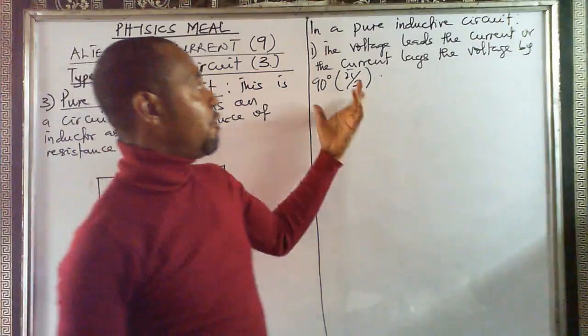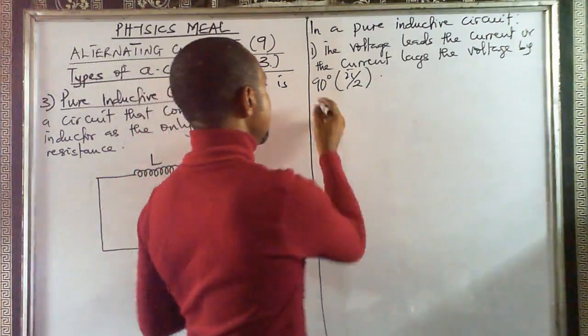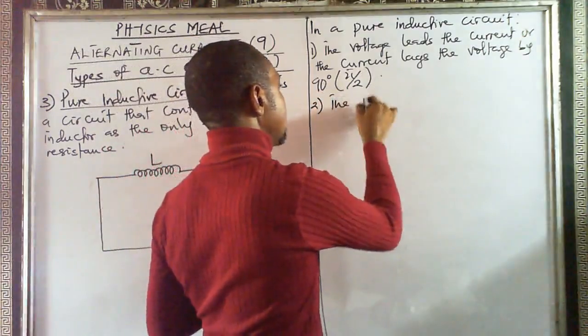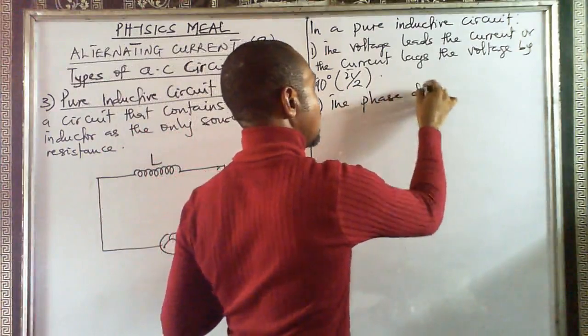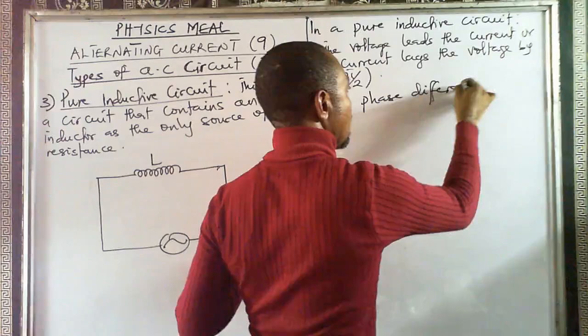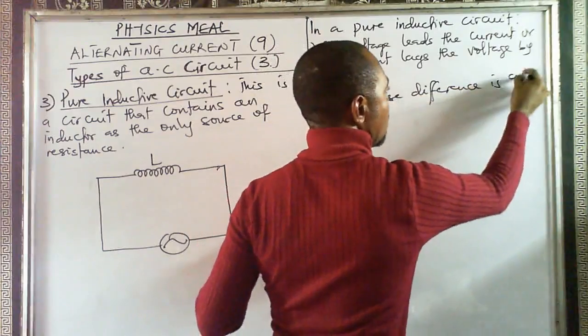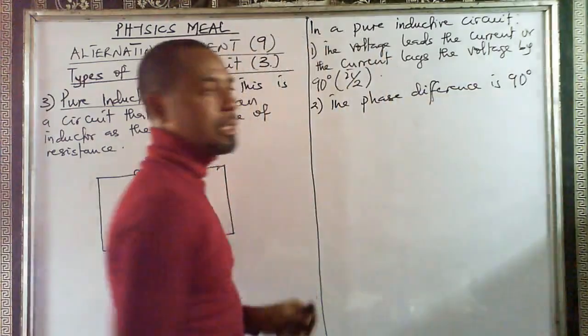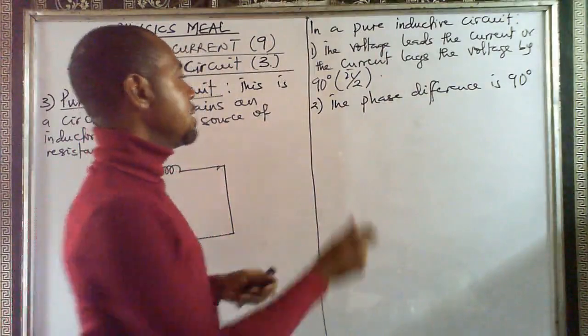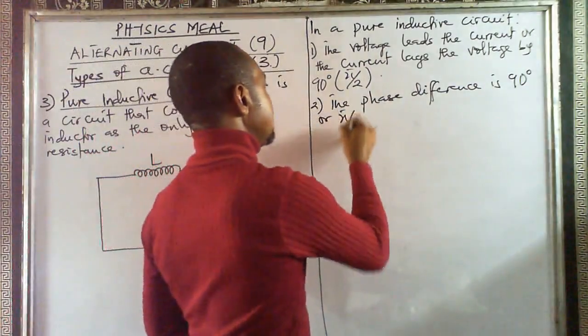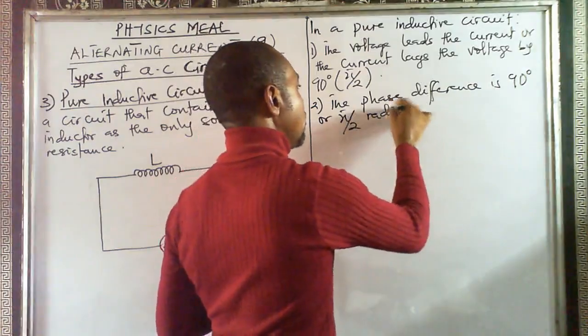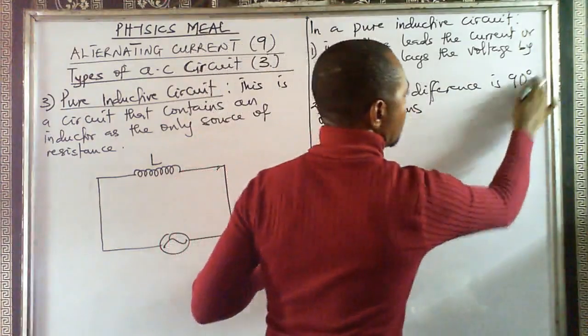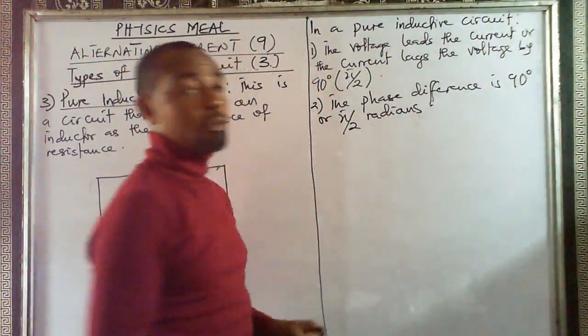So the phase difference is 90 degrees, and we know that 90 degrees is pi over 2 radians. So 90 degrees, or pi over 2 radians.